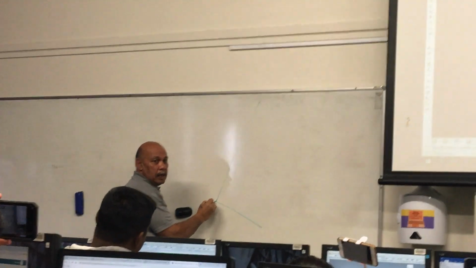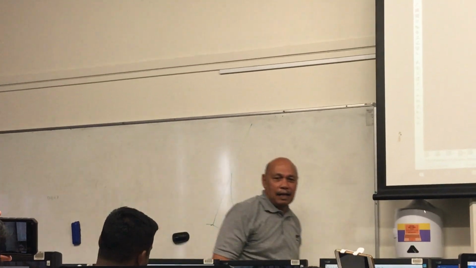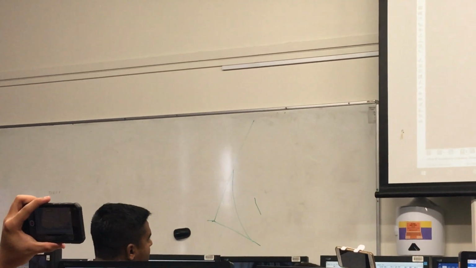Then the curve here will be very sharp. Then I have to go closer and away from that because my curve will be going like that. That's what you need to plan when you design.